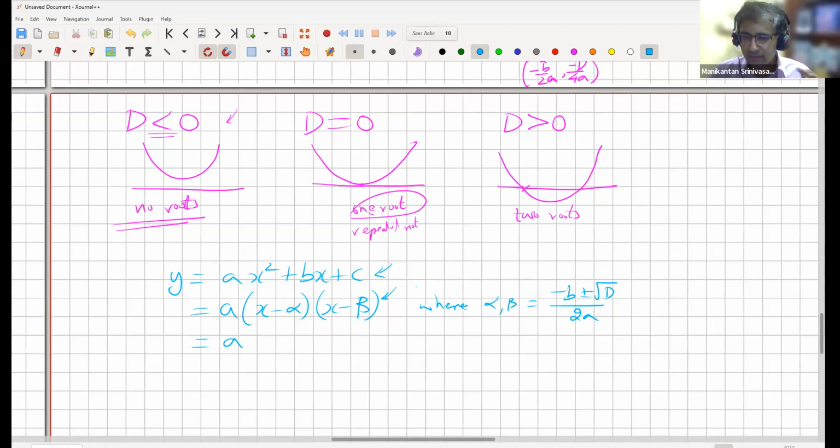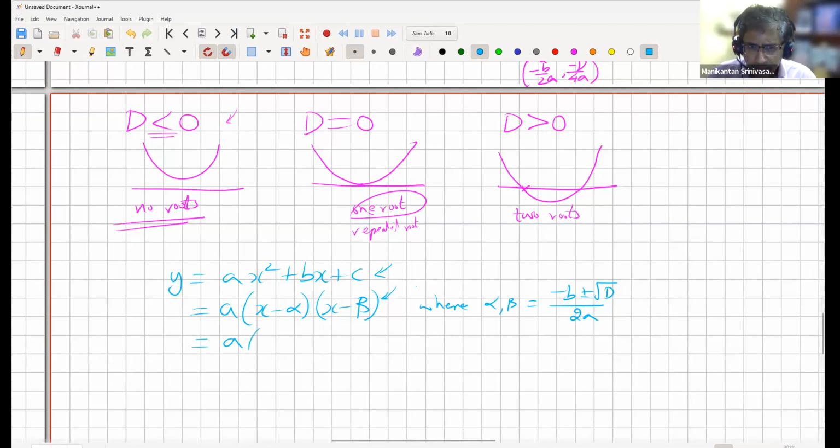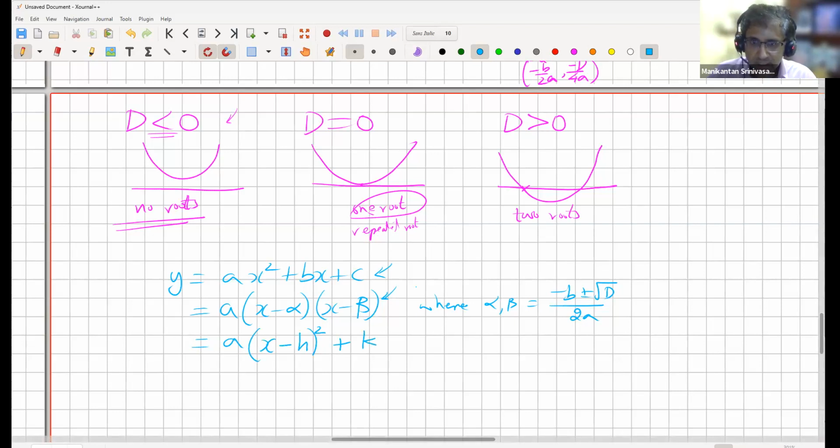Again, I keep repeating, these are all very subtle things. You don't necessarily need it for AMC10. They're not going to trick you whether it's a function or an equation, but broadly you should know what's happening, right? Now, you can also write it as a vertex form. This is the vertex form. So vertex form means what?